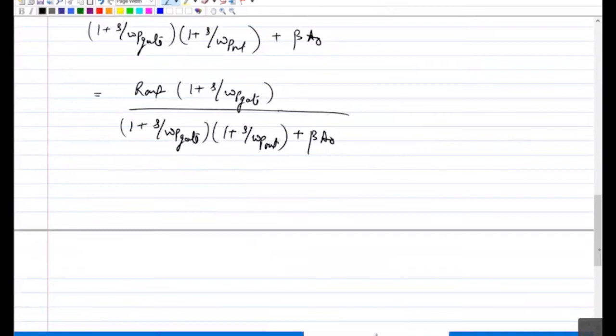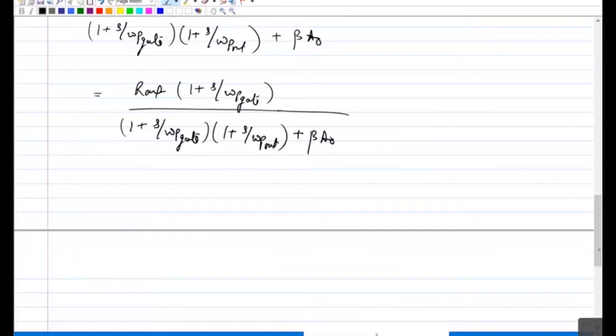Ultimately, all this analysis needs to be done after compensation. Before compensation, calculating Z out basically has no significance because your regulator itself will be unstable. So in that case, output impedance has no significance.